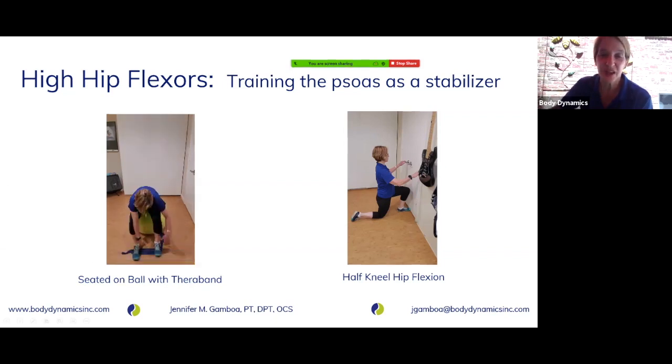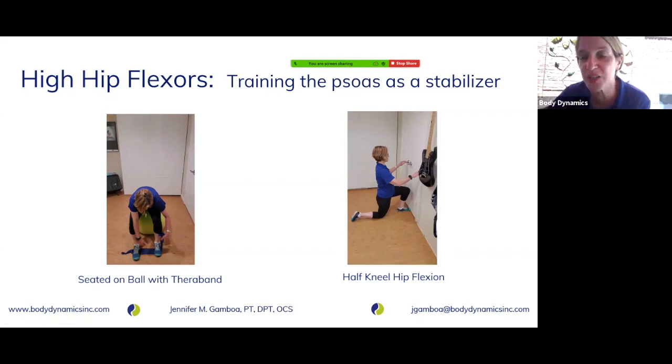So this, the exercise on the left side of your screen, is training that psoas on the left in what I would call an open position. My pelvis is twisted away from the working leg, or the target psoas. The half kneel hip flexion, actually, we are going to spiral towards the hip flexor that we're strengthening.